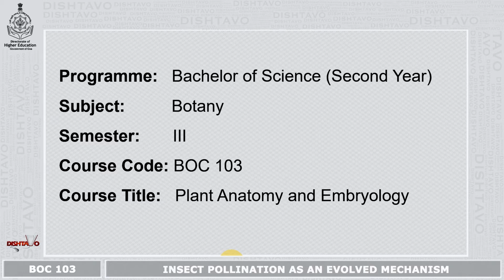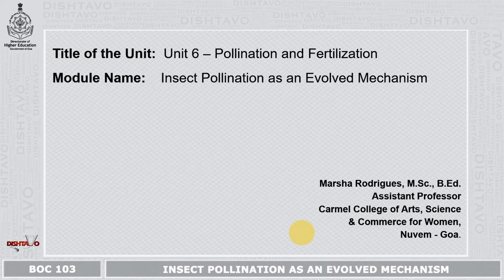Today's lecture is for the program Bachelor of Science Second Year, Subject Botany, Semester 3, Course Code BOC 103, Course Title Plant Anatomy and Embryology. Title of the unit: Unit number 6, Pollination and Fertilization.